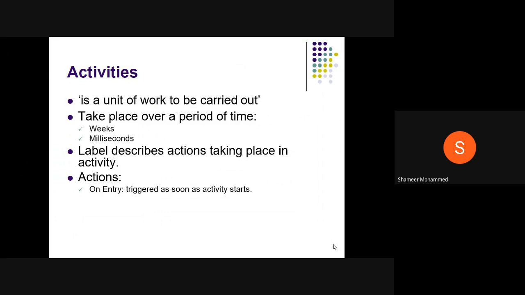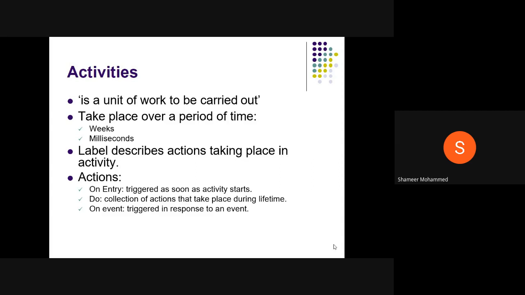Actions: on entering, on starting, when you are performing, a collection of actions takes place. On a particular event, like if the balance is greater than 100, you press the button to send the money from your bank to another bank.